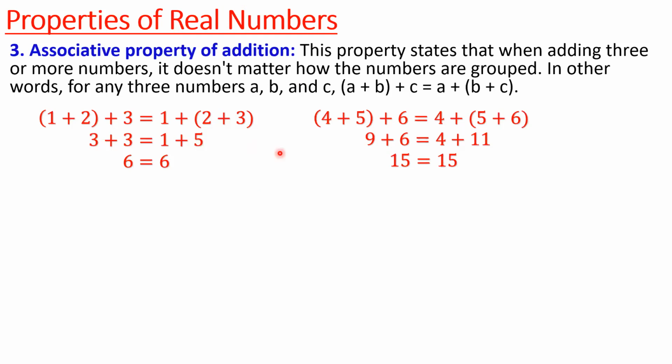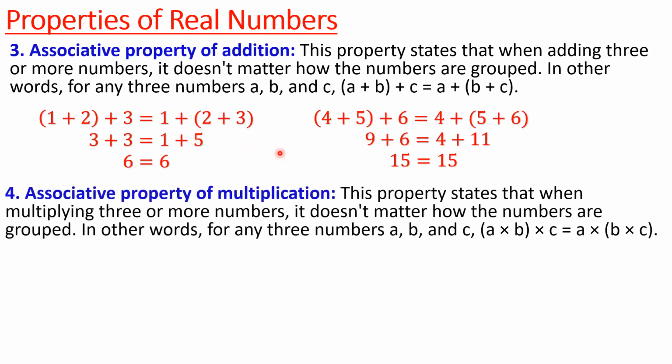Now let's look at the associative property for multiplication. For this one, I'm gonna ask Taya to read this property. Associative property of multiplication. This property states that when multiplying 3 or more numbers, it doesn't matter how the numbers are grouped.